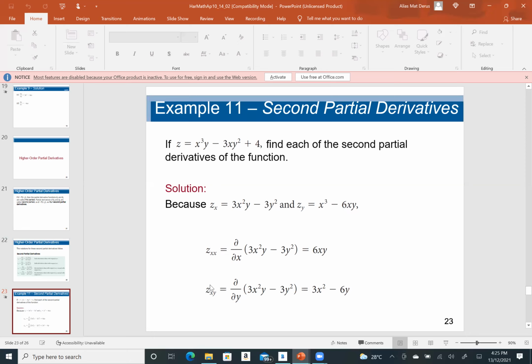So what I want you to do, you do it by yourself. Don't look at this thing. You just look at fx. Take the derivative with respect to x and take the derivative with respect to y. We must get the answer.